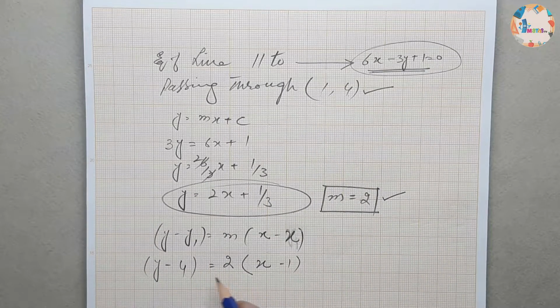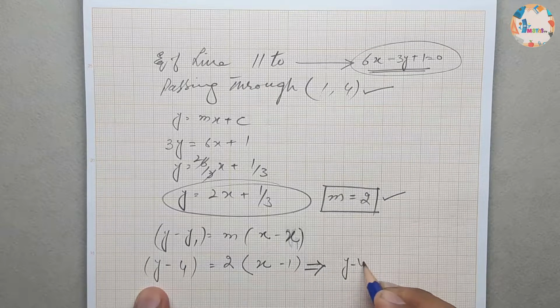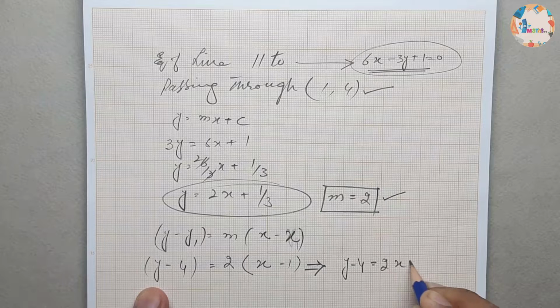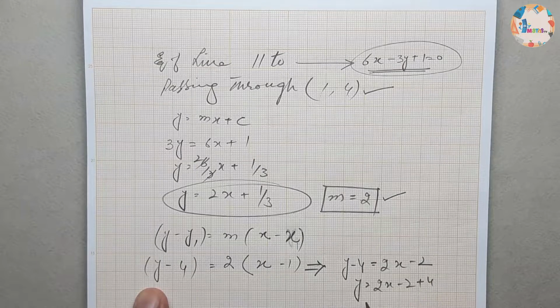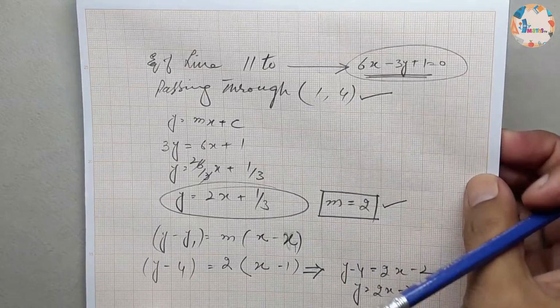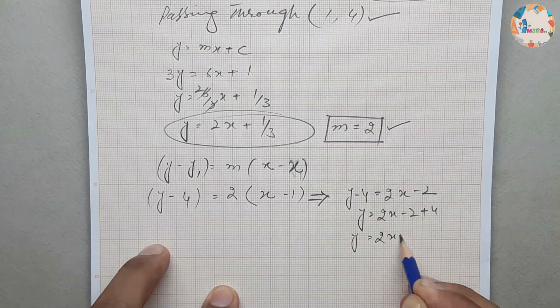Now we'll have to just open this one. This implies y minus 4 is equal to 2x minus 2, and shift 4 to the other side. y is equal to 2x minus 2 plus 4, so y is equal to 2x plus 2.